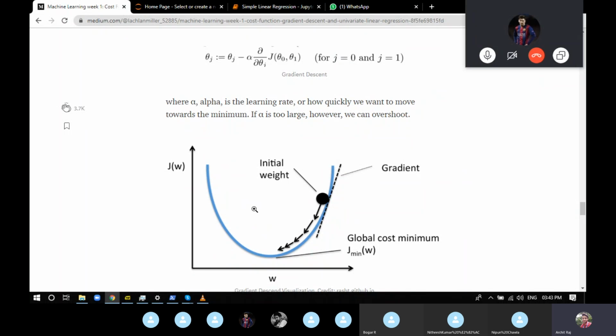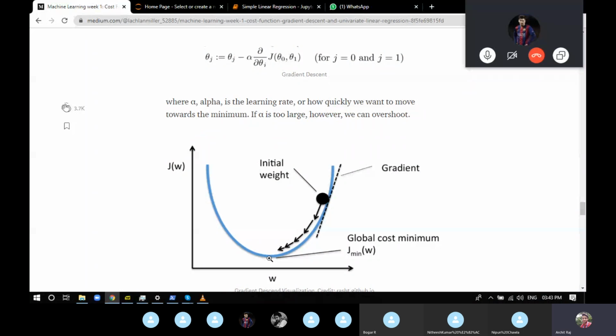I guess you know that much about algebra: the d by dx at a particular point is the slope of the tangent. Now for this graph, this point will give you the least cost. You can see this is the global cost minimum.